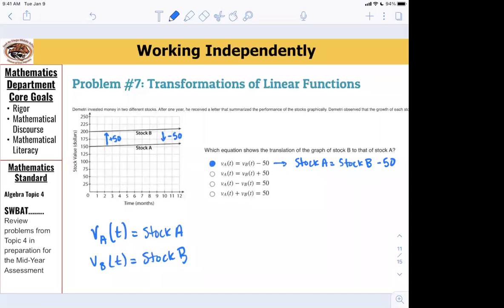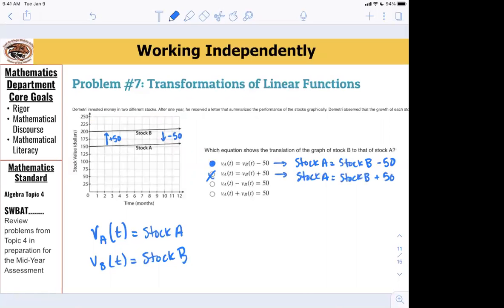But let's also look at all the other answer choices to understand what they're saying. Answer choice B is saying the opposite. This one's saying that to get to stock A, you got to go to stock B and add 50. But that would go in the wrong direction. So we know that this one's wrong because that would be if it was talking about something up here, which is not true. Then the last 2 are kind of just there to confuse you, honestly.